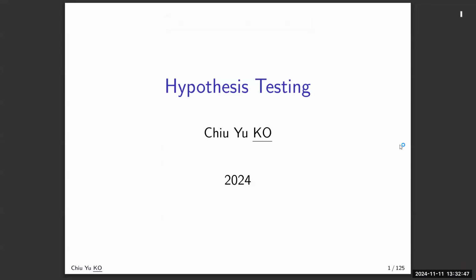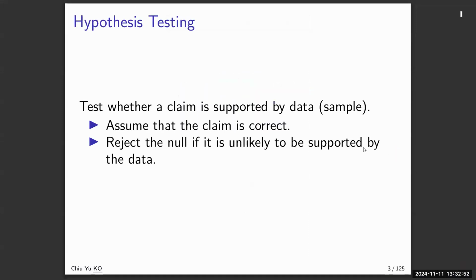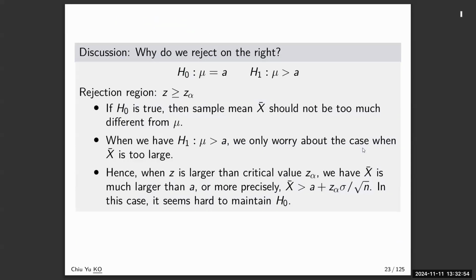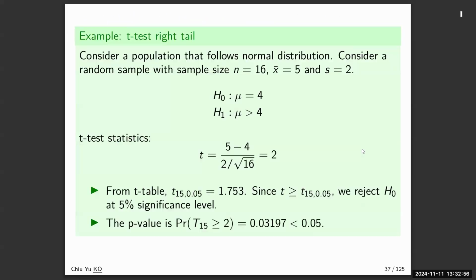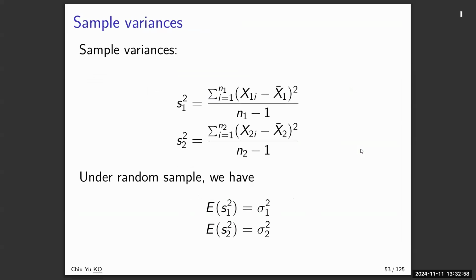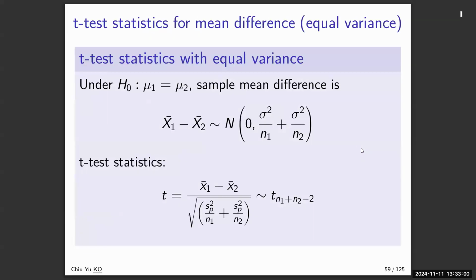Then if we know the population variance it is z-test, otherwise the t, right? And the other thing we talk about is when we have 2 samples, we want to look at whether they have the same mean or different mean, right? And in the case we have 2, the idea is whether they have the same variance or different variance, okay?